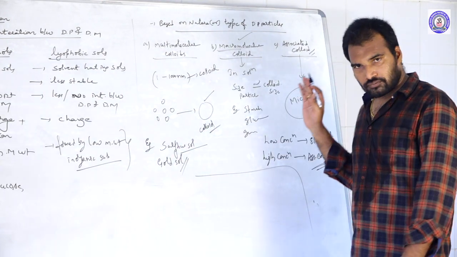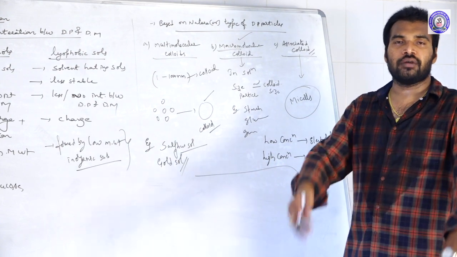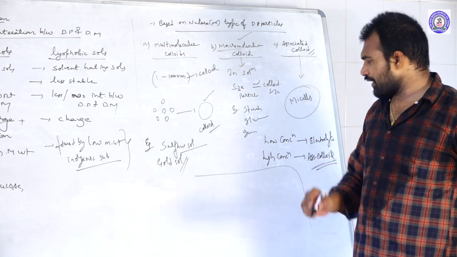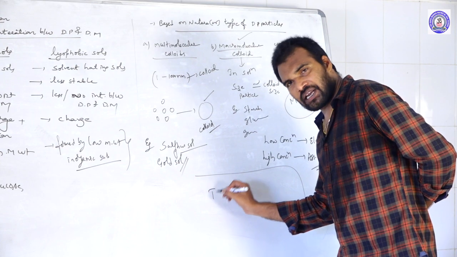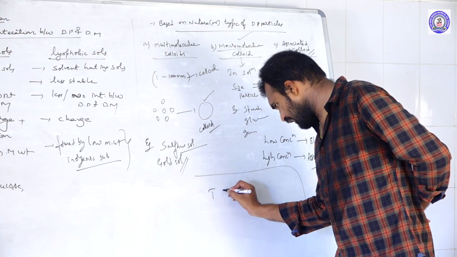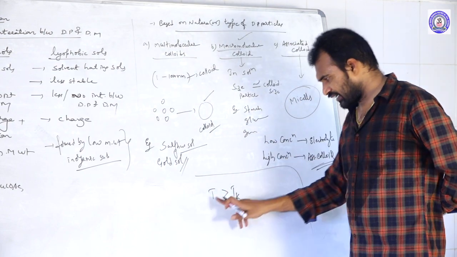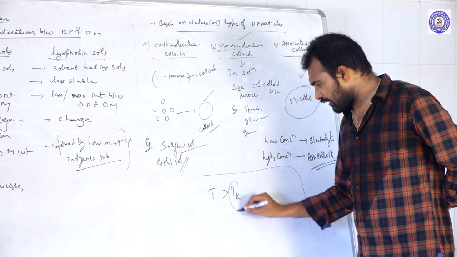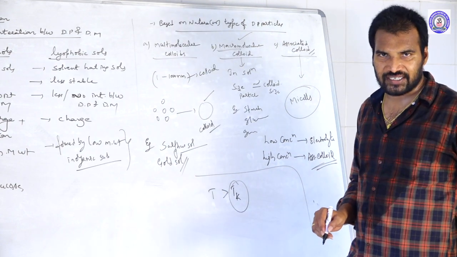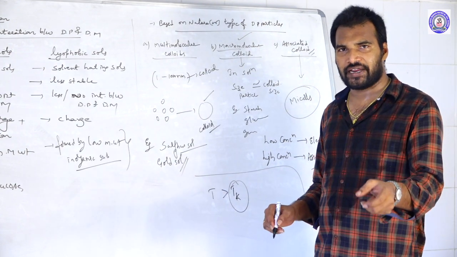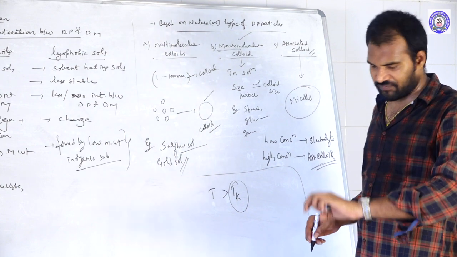Anyhow, what are the conditions required for micelle formation? In order to form a micelle, the temperature should be greater than the Kraft temperature. That's the first condition. What is the Kraft temperature? The minimum temperature required for micelle formation is called the Kraft temperature.